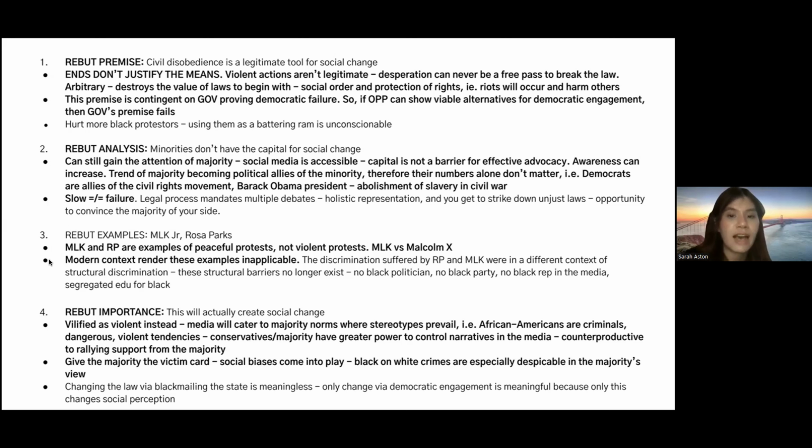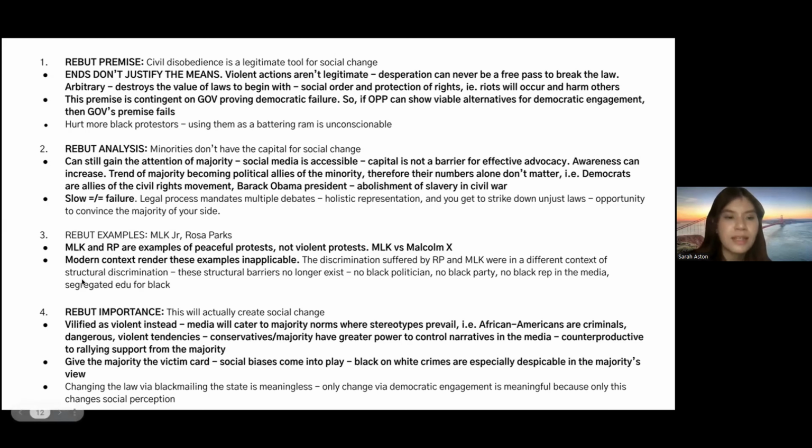They are not violent protests, right? Similarly, you can talk about how modern contexts render these examples inapplicable. So you can say to the team, you can't use these individuals as your example and hope to win, because the context currently doesn't necessarily make it applicable. Okay, so you are mitigating, you're proving why these examples are not important.